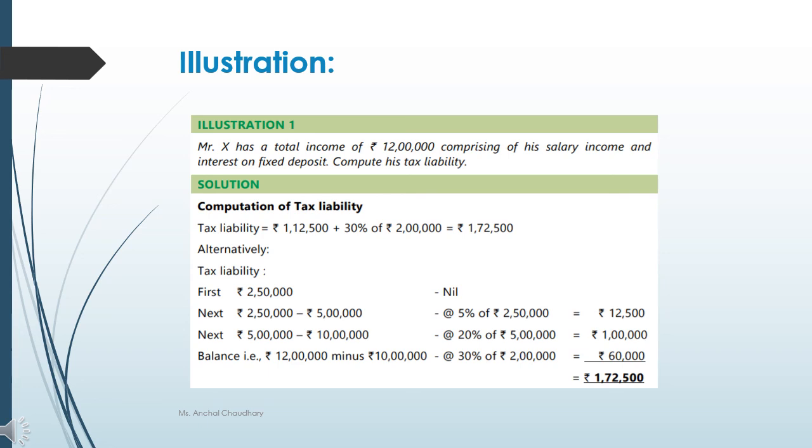Now you have to find out how much is the remaining portion, that is 12 lakh minus 10 lakh. So that will be your 2 lakh. On 2 lakh, your tax liability will be computed at the rate of 30%, that will be 60,000. So your total tax liability is 1,72,500.